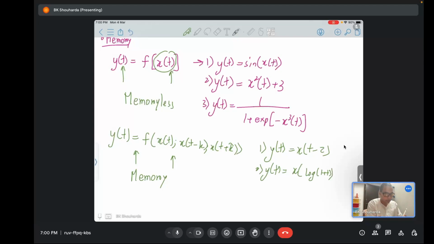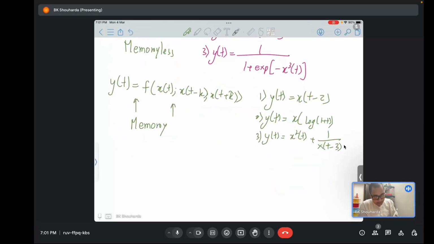You are using future values, you are using future memory. Or y of t is x square of t plus 1 upon x of t minus 3. You are using past values.